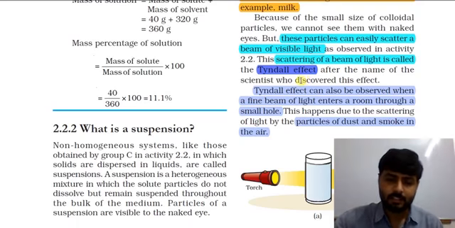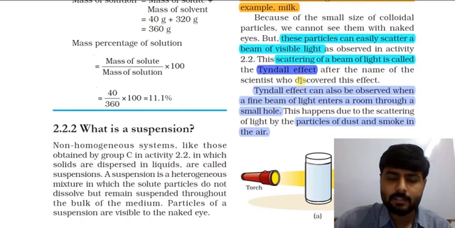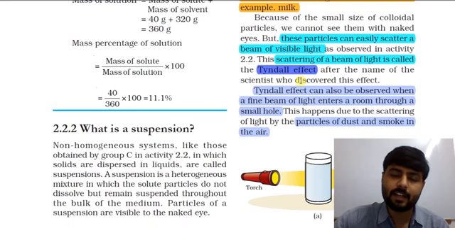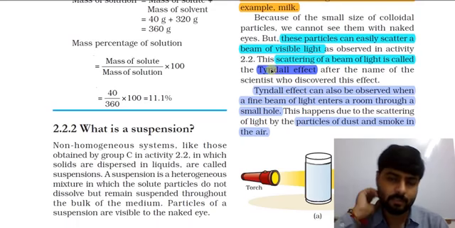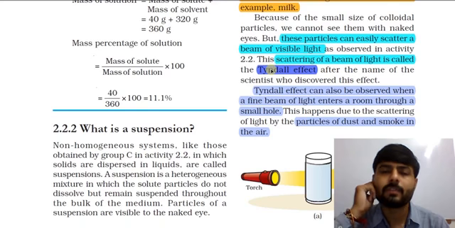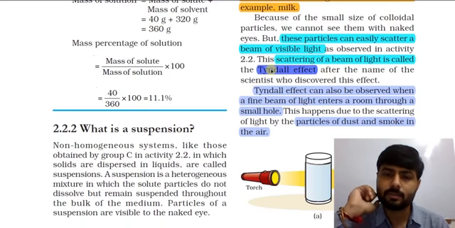We have seen that the scattering of light is called Tyndall effect. Tyndall effect can be observed when a fine beam of light enters the room through a small hole. We have seen an example of Tyndall effect with images.